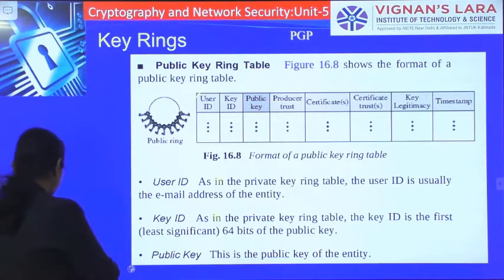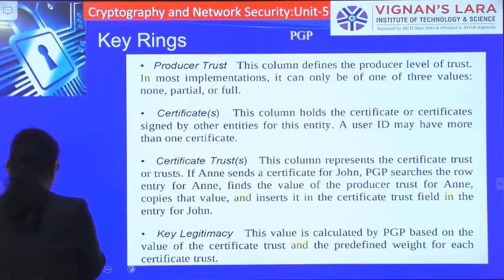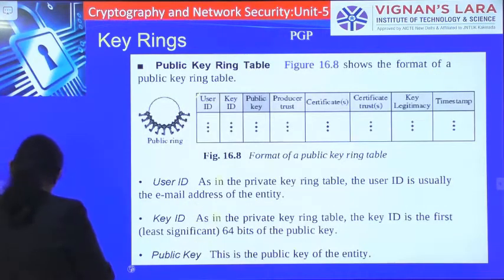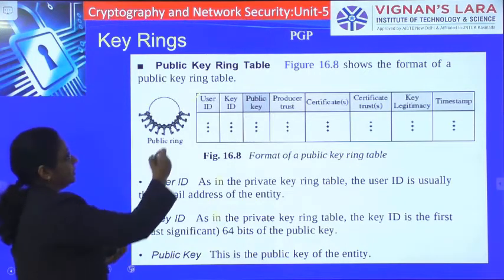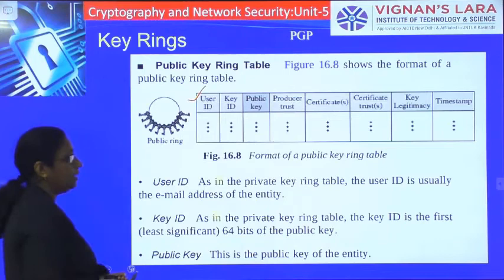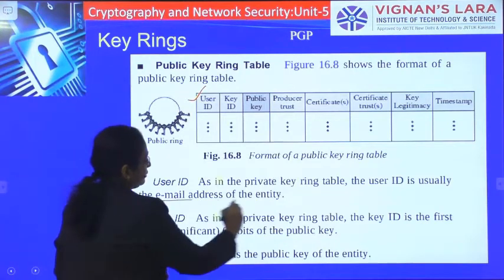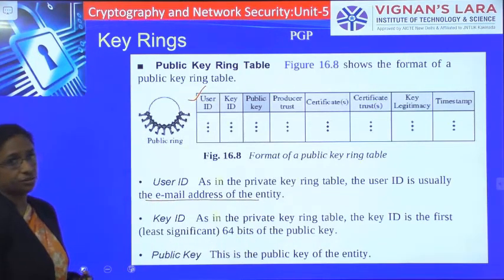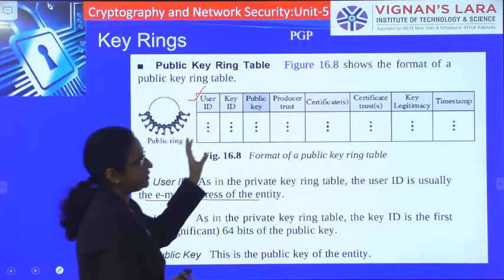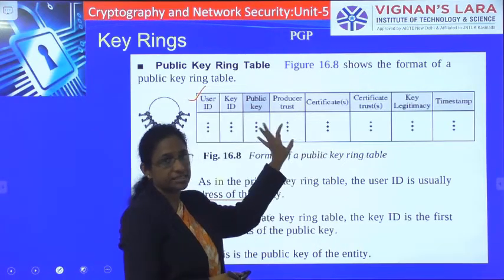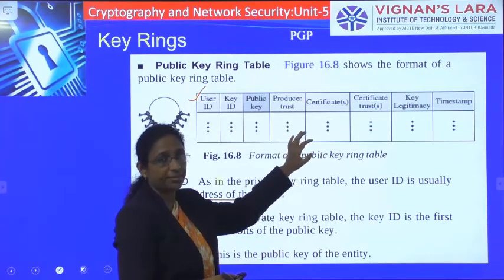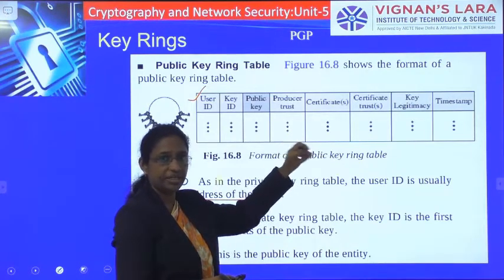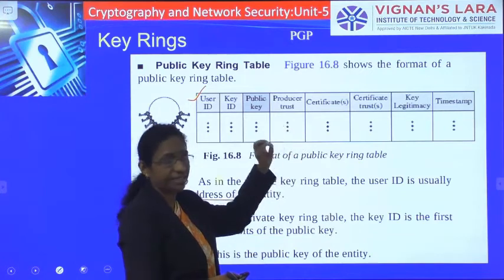So this user ID is usually the email address of the entity. This is the information that is stored by the PGP for each node, or we can say for each entity.